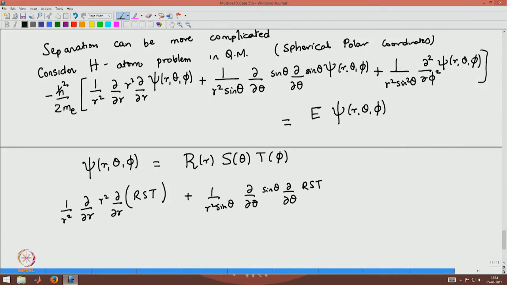Okay. Now let me simplify this. The s and t part in this case I can take outside, s t. Now this derivative depends only on theta, so I can write this as sin theta s, and I can take t and r here, plus now I have 1 over r square sin square theta, and what I have is r s dou square by dou phi square of t, and all these partial derivatives will become ordinary derivatives.